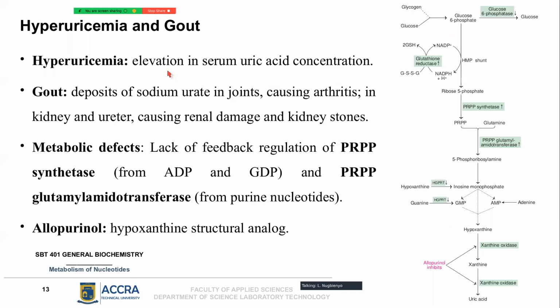If you have elevation of uric acid in serum, which of course will also get excreted in urine, you have a condition referred to as hyperuricemia, and the accumulation of the salts of uric acid. For instance, sodium urate, the sodium salt of uric acid, in the joints will cause arthritis.